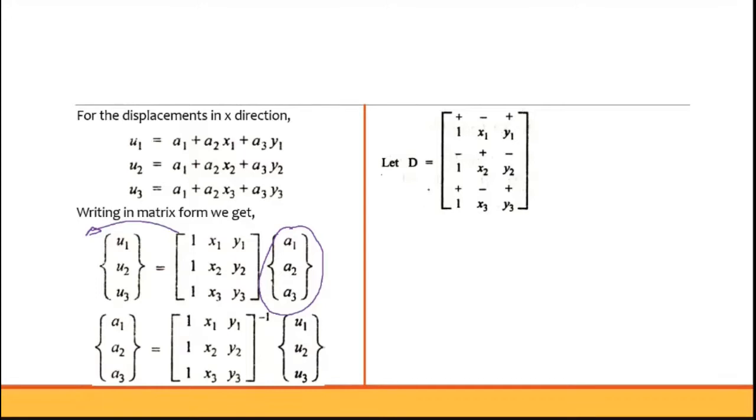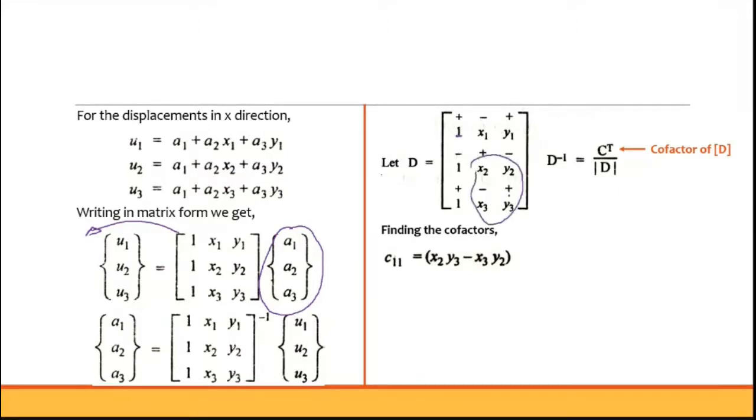To identify the inverse of the D matrix, I have to identify the cofactor for D, and I have to divide by its determinant. So D inverse is cofactor transpose divided by determinant. How to identify the cofactor? For cofactor C11, you eliminate this row and column and consider only this part: x2 y3 minus x3 y2.